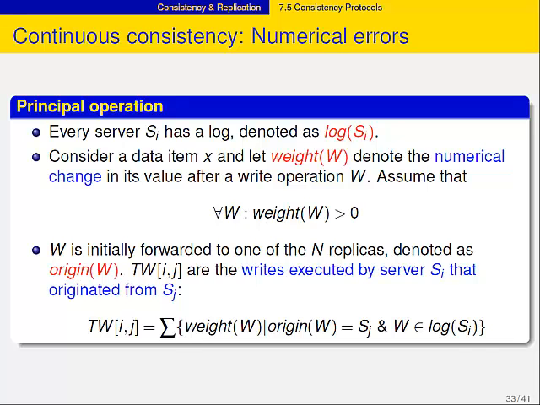That write will then be executed over there and eventually propagated to the other servers. And then TW(i,j) is nothing but a count of which write operations originating at Sj have been propagated to Si and executed over there. Formally, that's this thing.